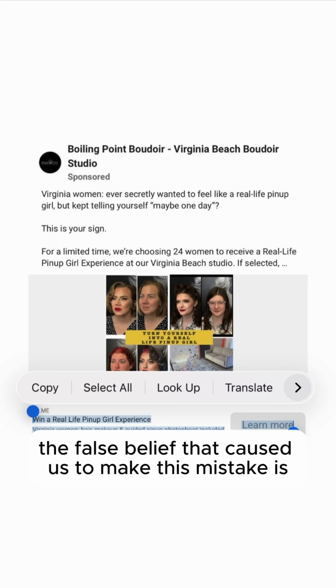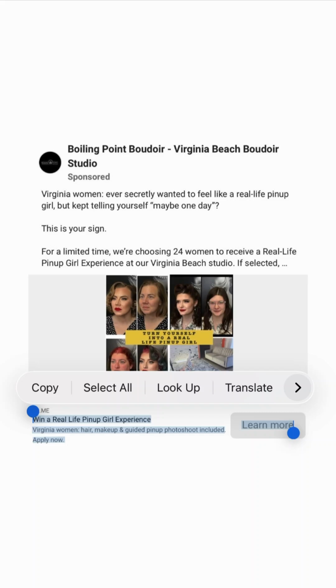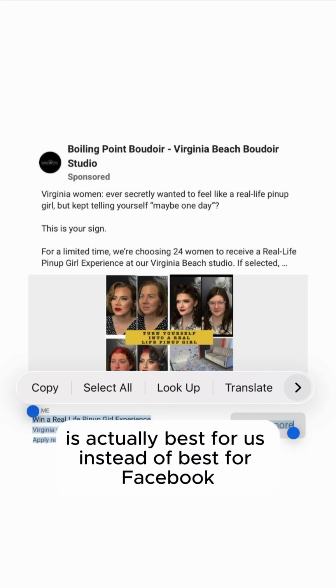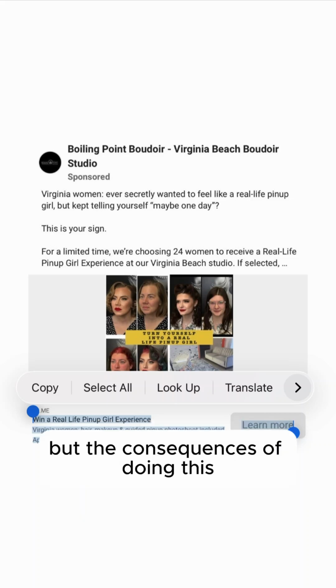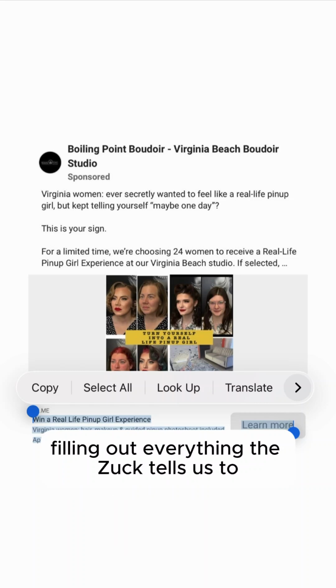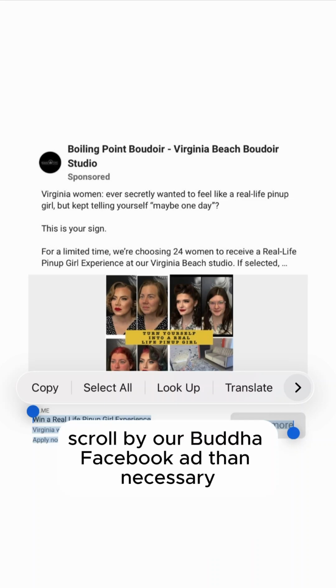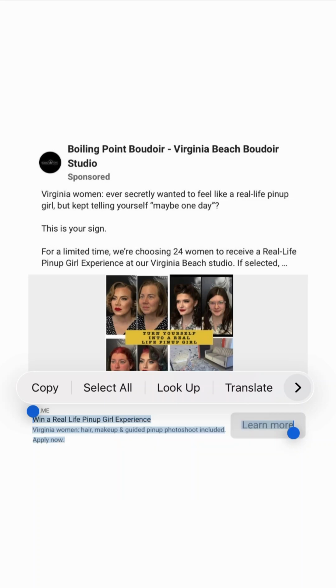The false belief that caused us to make this mistake is we are believing or trusting that what Facebook tells us we should fill out when creating our ad is actually best for us instead of best for Facebook. But the consequence of doing this, filling out everything the Zuck tells us to, is way more women scroll by our Boudoir Facebook ad than necessary.